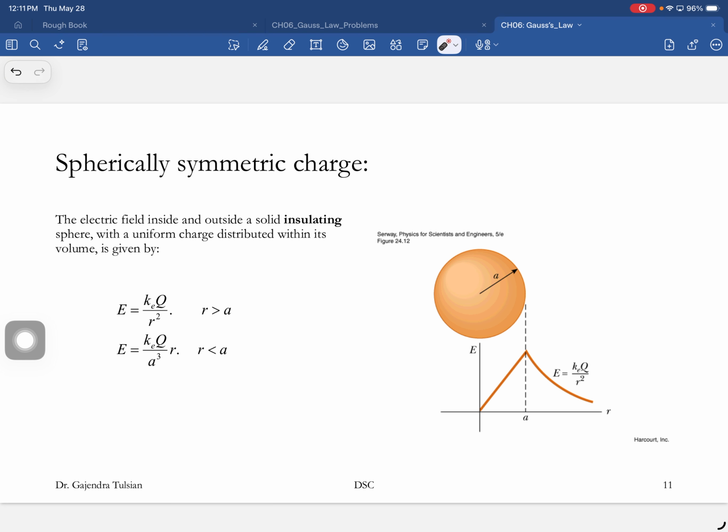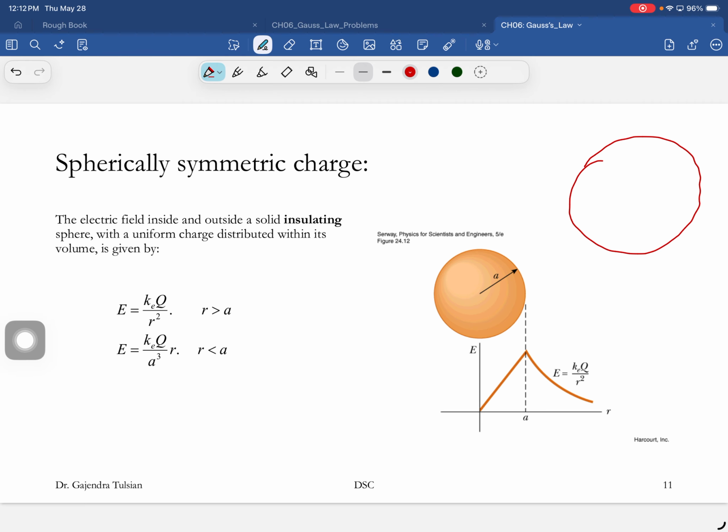What is the area of that face? Circumference times height. Very good. 2 pi r times L. And that is equal to the charge inside, which is just lambda times L, divided by epsilon naught.